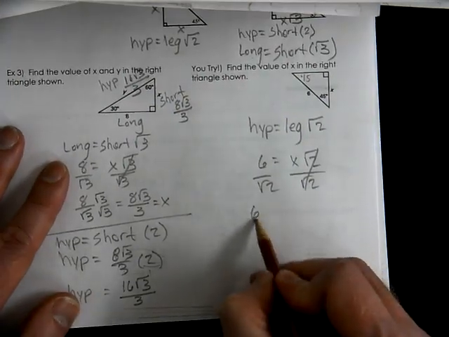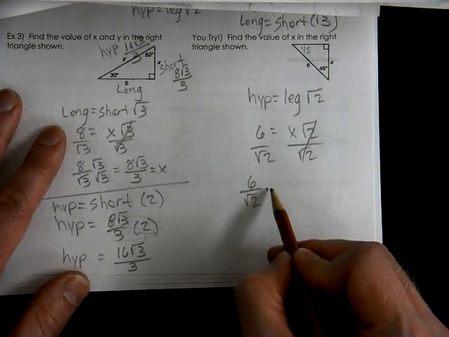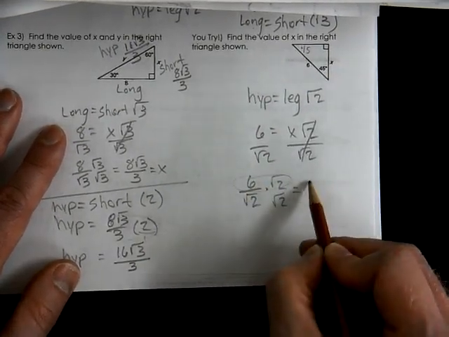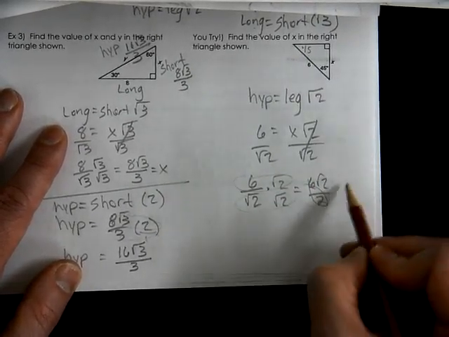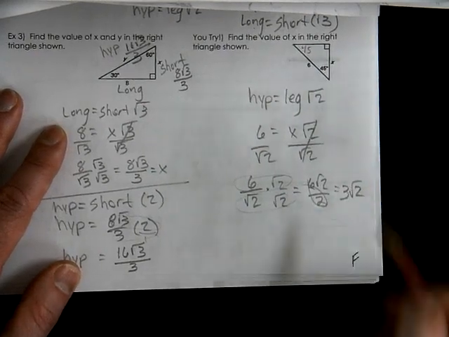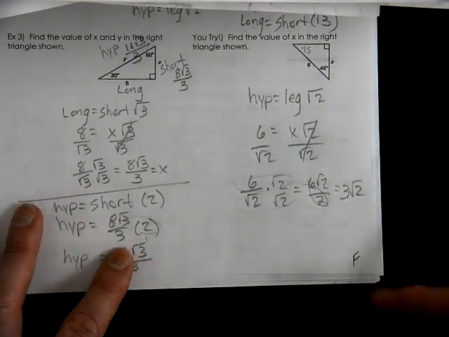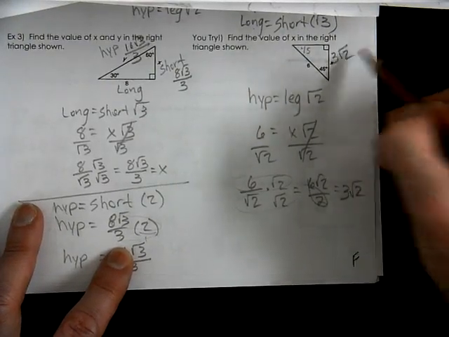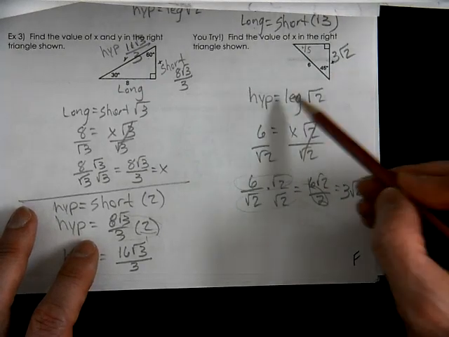So we have 6 divided by root 2. We would need to rationalize the denominator, which is 6 root 2 over 2, and we can simplify that to be 3 root 2. That's the leg. 3 times root 2. If you multiply that by root 2, you would get 6.